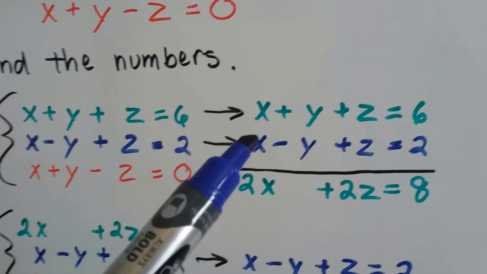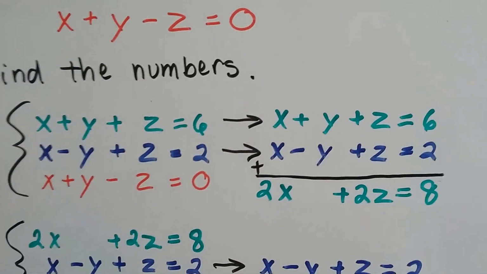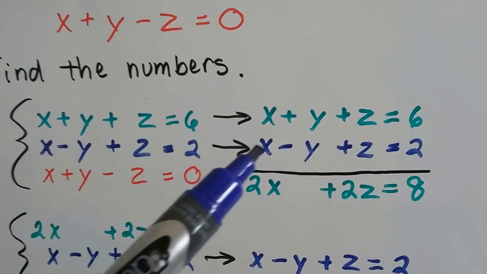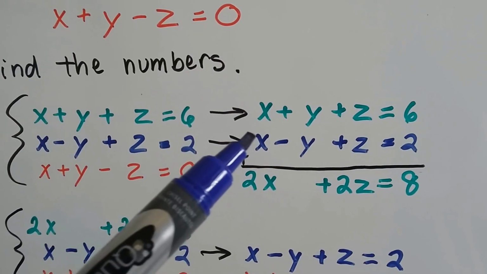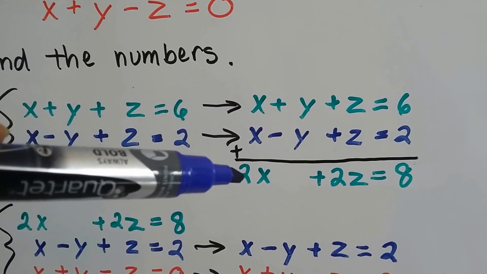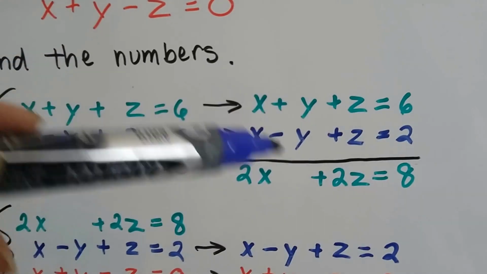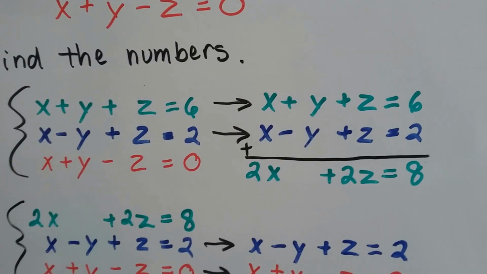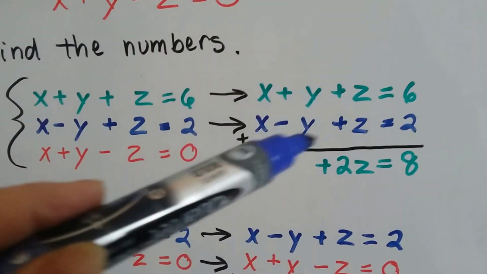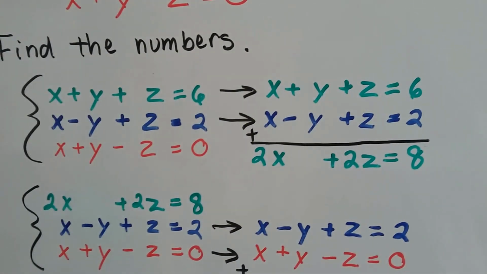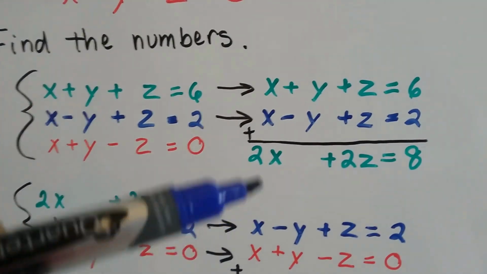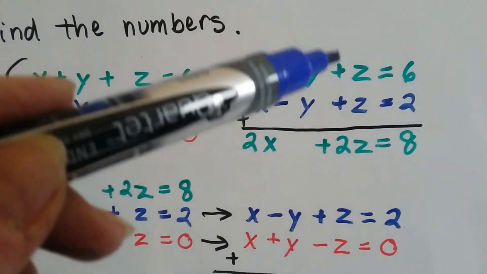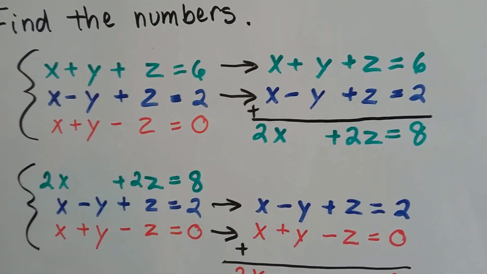So, in this one, what I decided to start with was the green and the blue equations, and without multiplying them by anything, by just stacking them, I could see I've got 2x, and the y got eliminated first. Now, all these videos we've been eliminating x first. It doesn't really matter. As long as you can eliminate one variable and then continue to eliminate that variable in the other equation. So now we have 2x, the y is eliminated, and 2z equals 8.